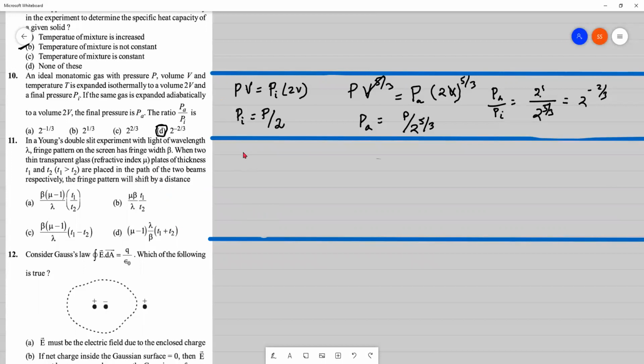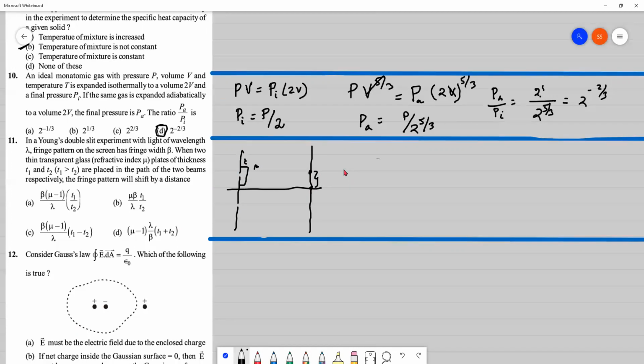So in a Young's double slit experiment, when you place a transparent medium of thickness t and refractive index mu in one of the light paths, all the fringes on the screen will get shifted by a distance.